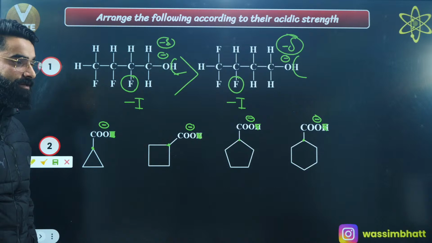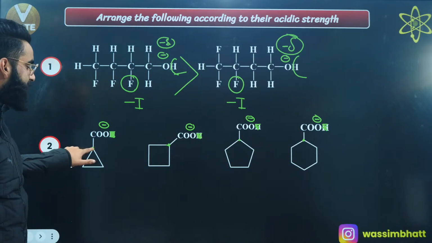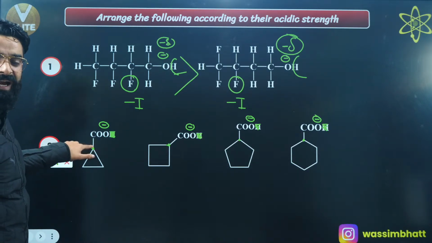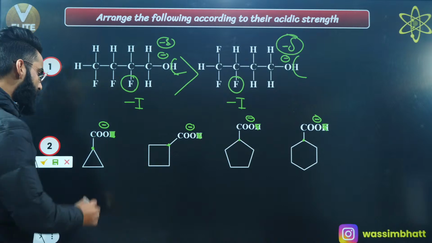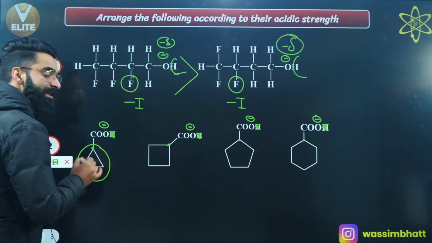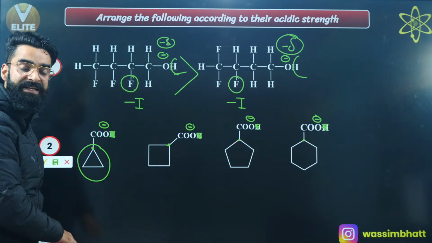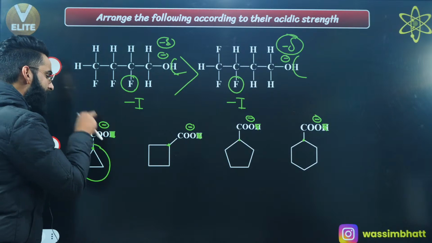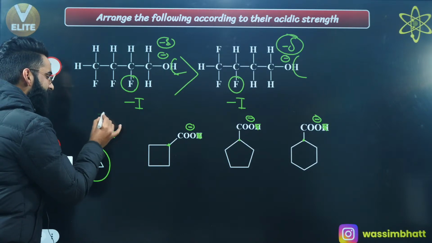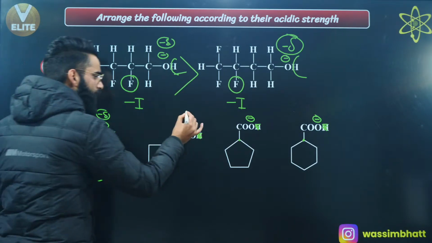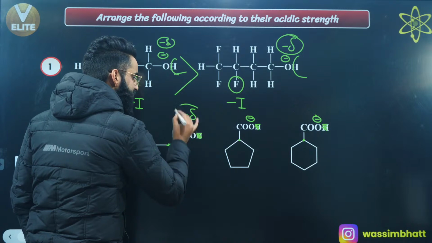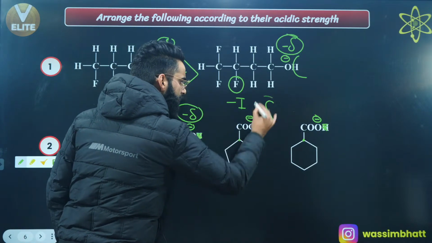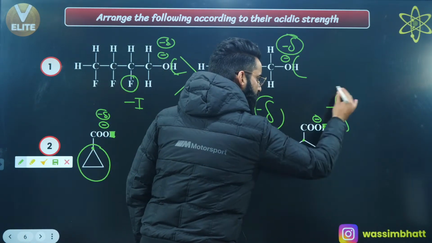I hope you remember that, right? So I'll say electronegativity of this carbon is more. If electronegativity of this carbon is more, this group will be having more tendency to attract the sigma electrons towards itself, right? Due to which the magnitude of negative charge will be the least in the first one, followed by the second one, followed by the third one, followed by the fourth one, right?